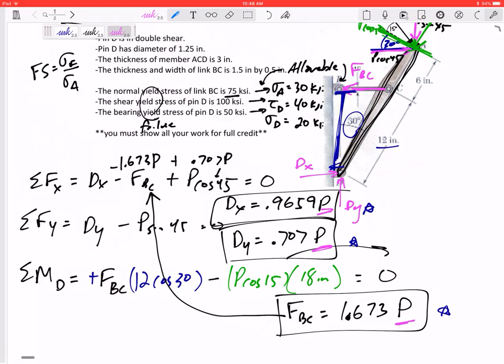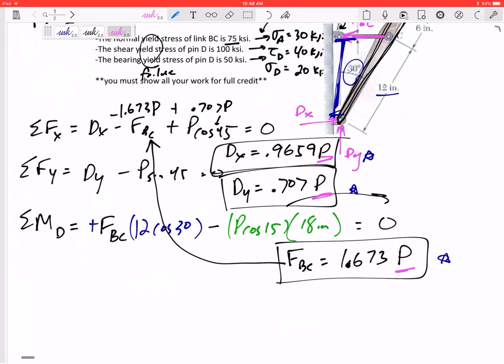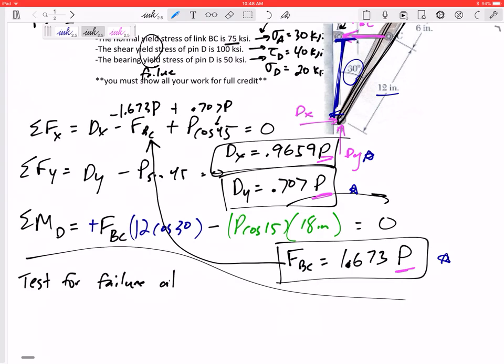Okay, so now I need to test for, and sometimes we might call them failure modes, I need to test for the ways it can fail. What do I want to start with? I can start at the pin, I can start at the link. I'm going to test for failure at link BC.